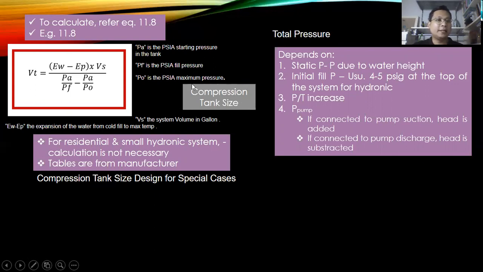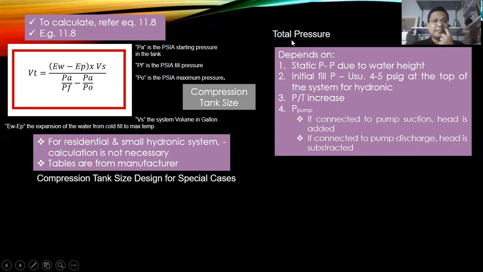So we should first know the operating pressure in our design. Then we can calculate to get the size of the tank.